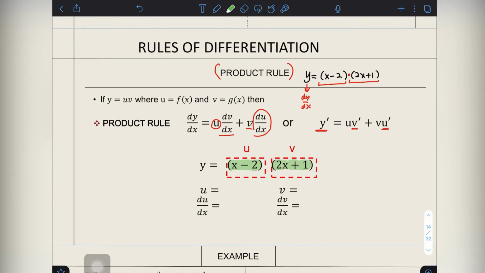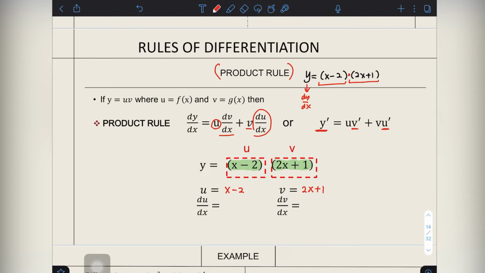To use the product rule, you first need to separate both functions. One you will denote as u, and the other function you will denote as v. Let's say we take the first one as u, so our u is x minus 2, and we take the second function as v, so your v here is 2x plus 1.